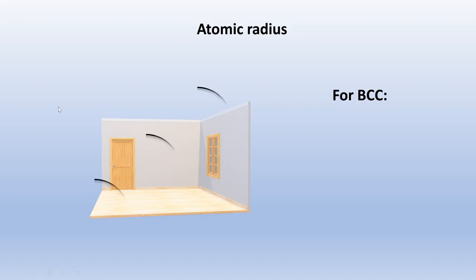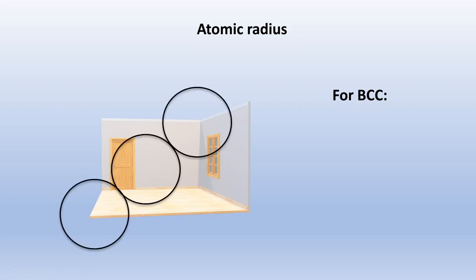Now we will look at how atoms are present in this room or cube. So there are atoms at the corners. We will look at only these 2 atoms and will not consider these, just to simplify it. Let's say these are two corner atoms, and there is another atom present at the center of the body. Suppose this is present just in the center of this room.